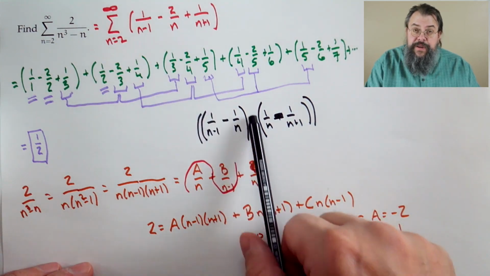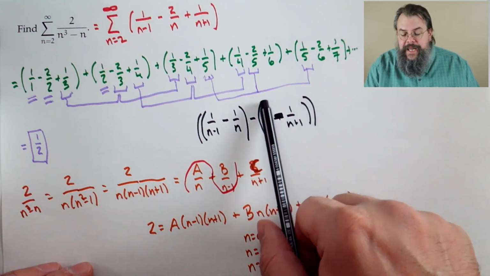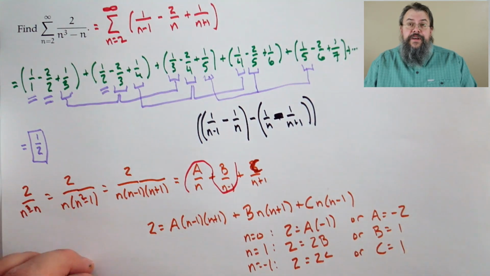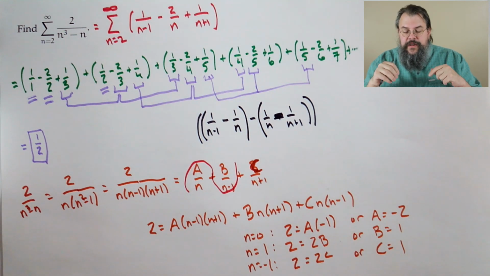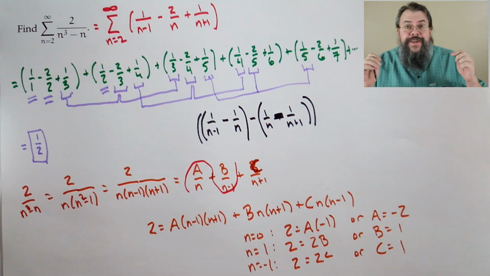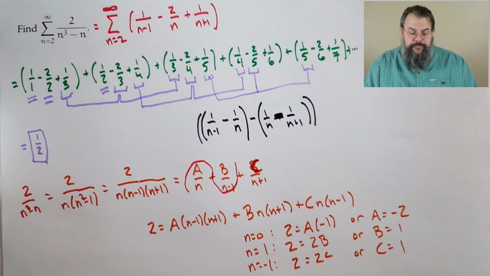Oh, it's like this piece is telescoping and that piece is telescoping. And so we say, okay, just do both of them individually. They telescope, and then when you're done, what's left? And that'll be the answer. So that's something else that we could have done. But I'm satisfied with what we got. A half. That's kind of a nice answer.